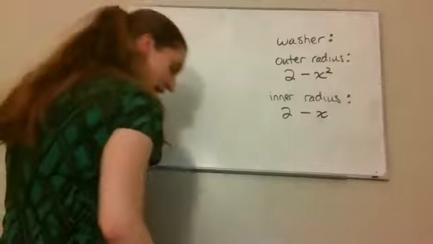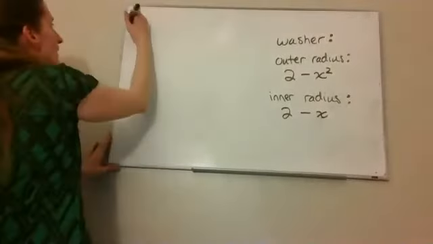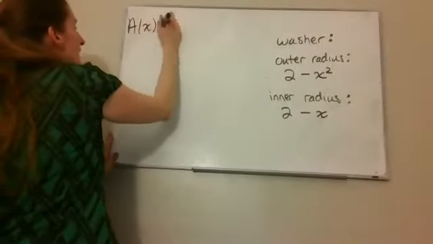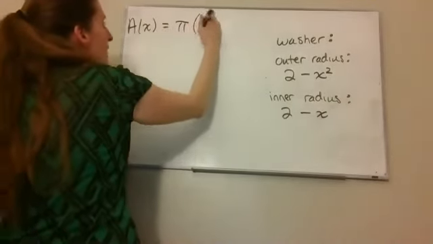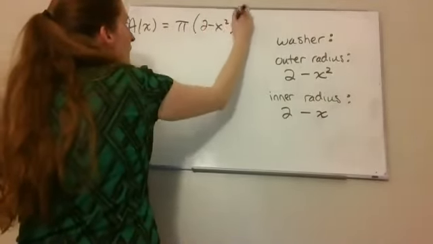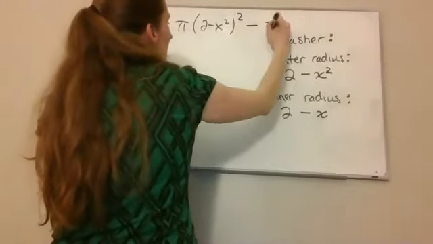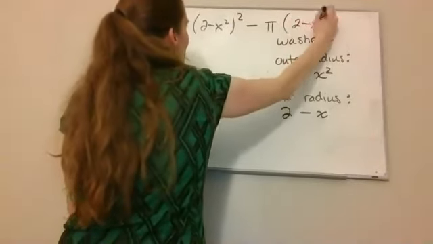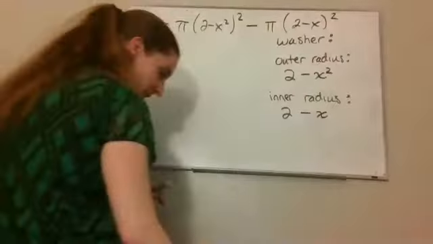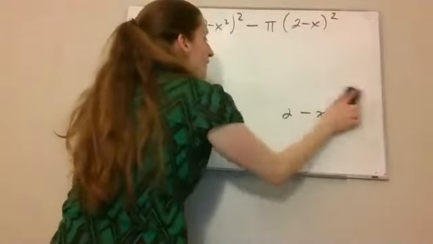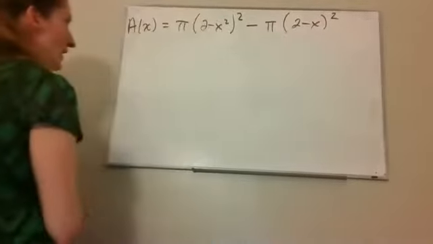So what is the area going to be? My area function is pi times my outer radius squared minus pi times my inner radius squared. That is the function that we are going to integrate.